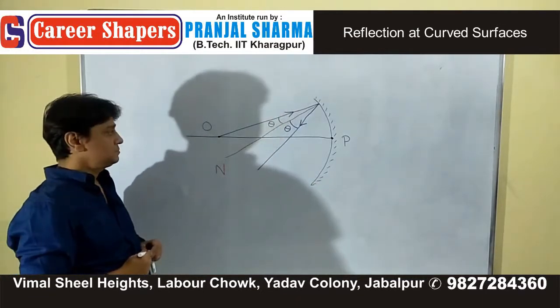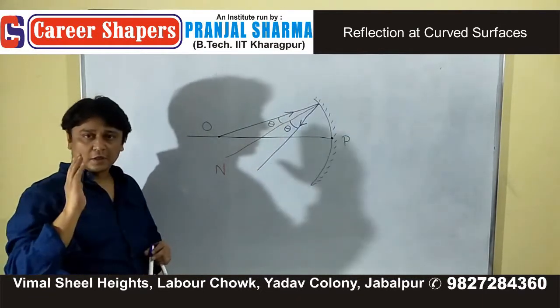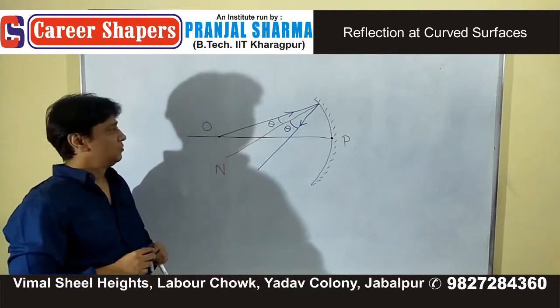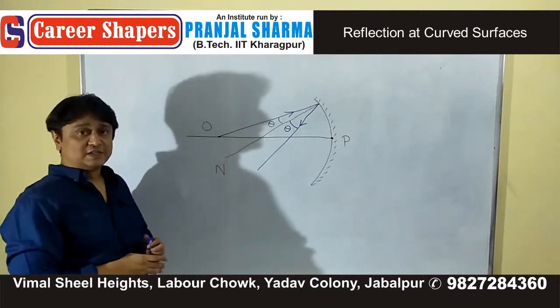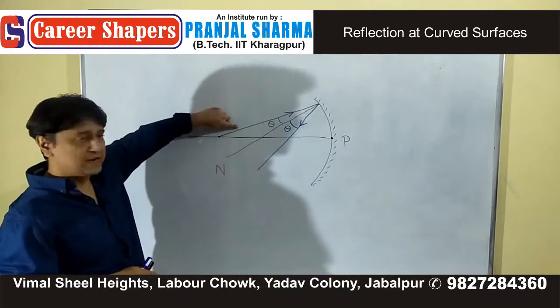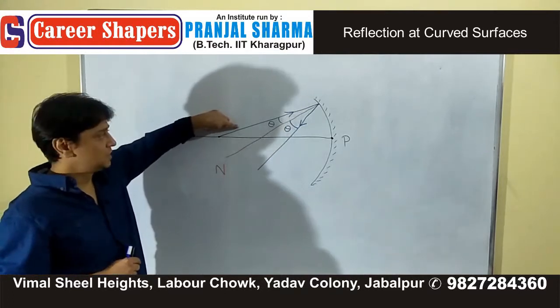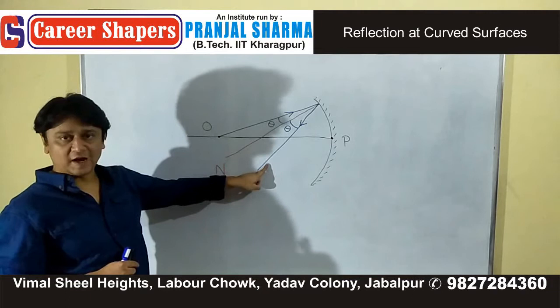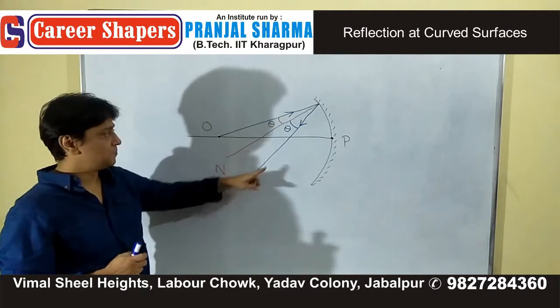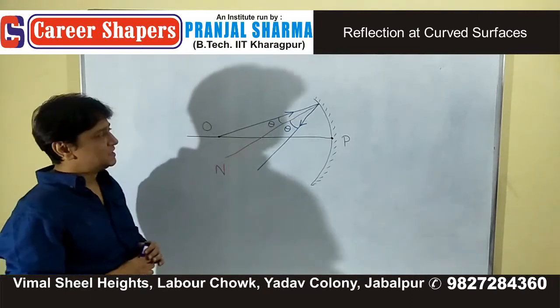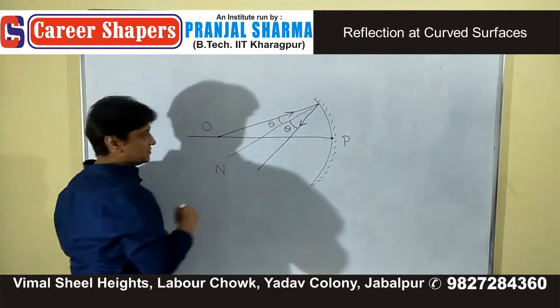Now, for object and image, we say that intersection of incident rays. This is only one incident ray, you need to have a second one. And similarly, this is only one reflected ray, you need to have a second one also. That second incident ray is this.